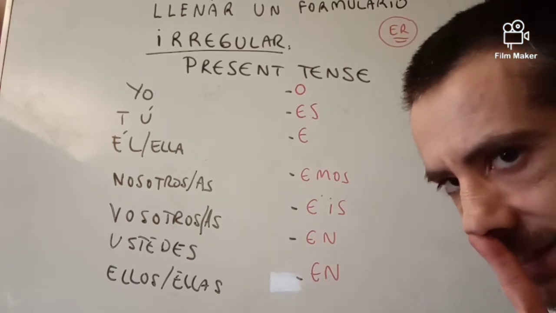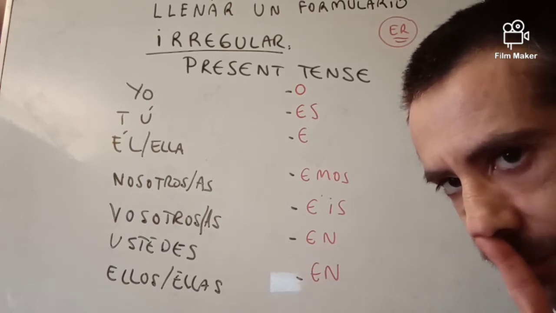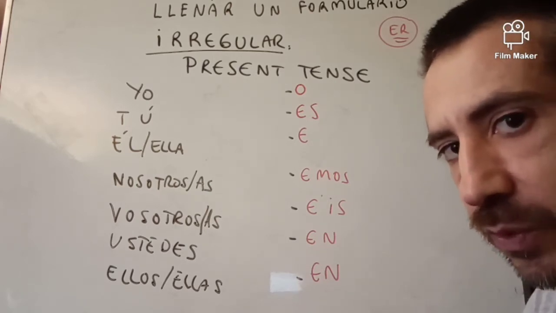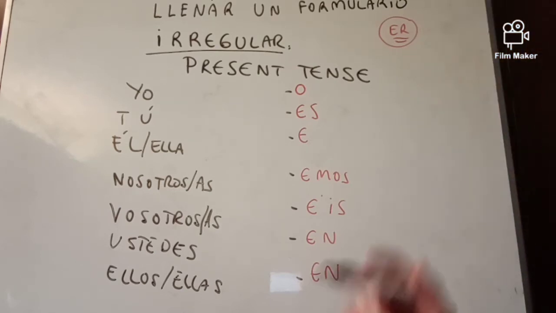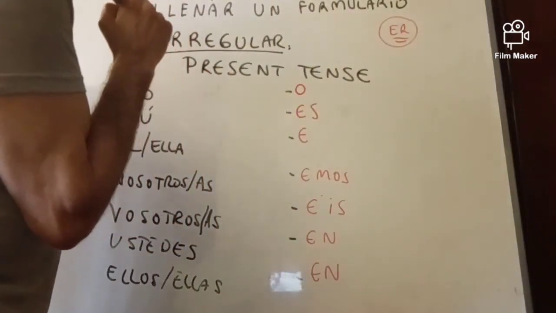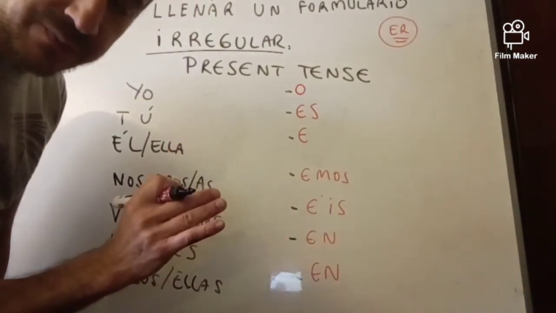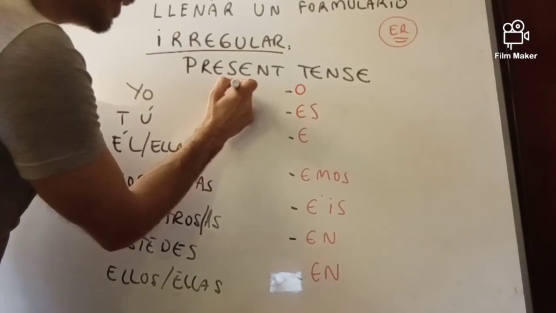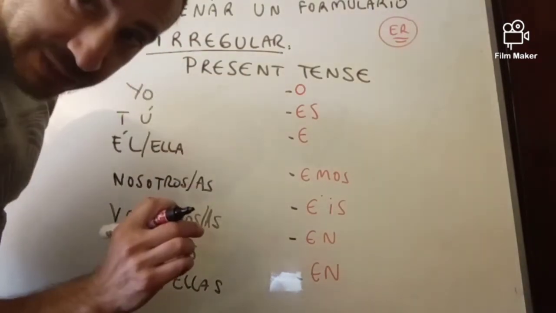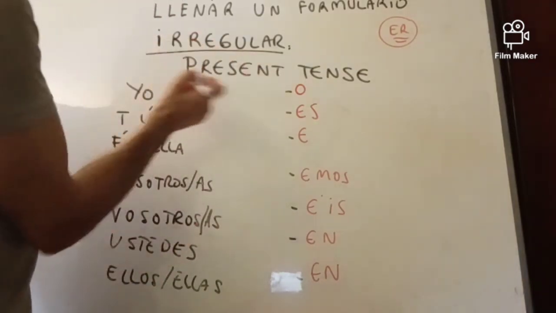And in this case, the verb poder is irregular, as I said before, the change will be in the root, only in the root. When the stress falls in the root, in Spanish we change this o.